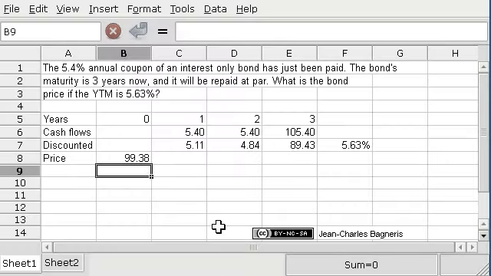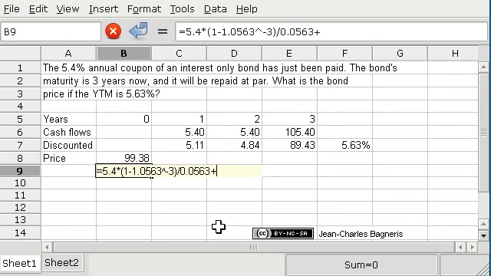So here the price is 5.4 times 1 minus 1 plus rate, the power of minus 3 over the rate, plus 100 over 1 plus rate to the power of 3.